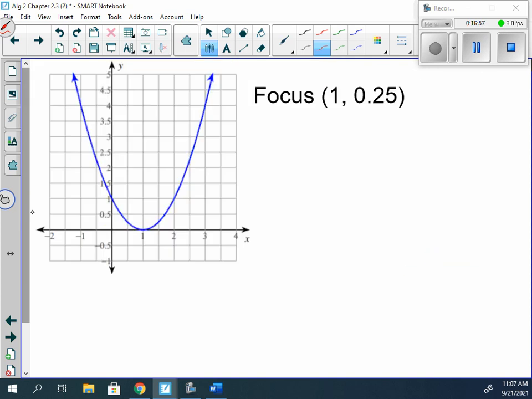Well, look at that. Weren't they nice? They told us that the focus is (1, 0.25). Now, what is the vertex? (1, 0).